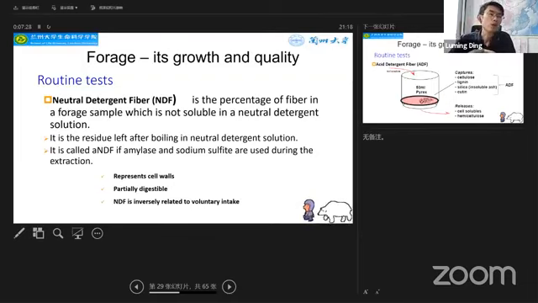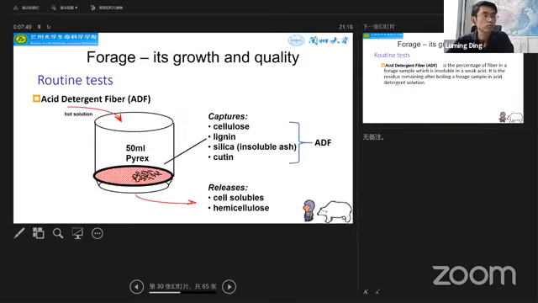So NDF represents cell walls, partially digestible because it contains hemicellulose. And NDF is inversely related to voluntary intake. Therefore, higher NDF content means lower palatability of the forage. Acid detergent fiber is similarly determined as the NDF, also by washing.